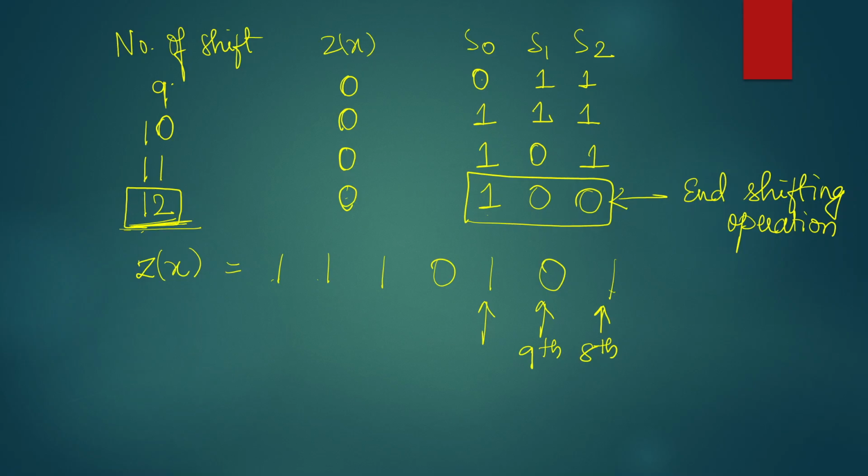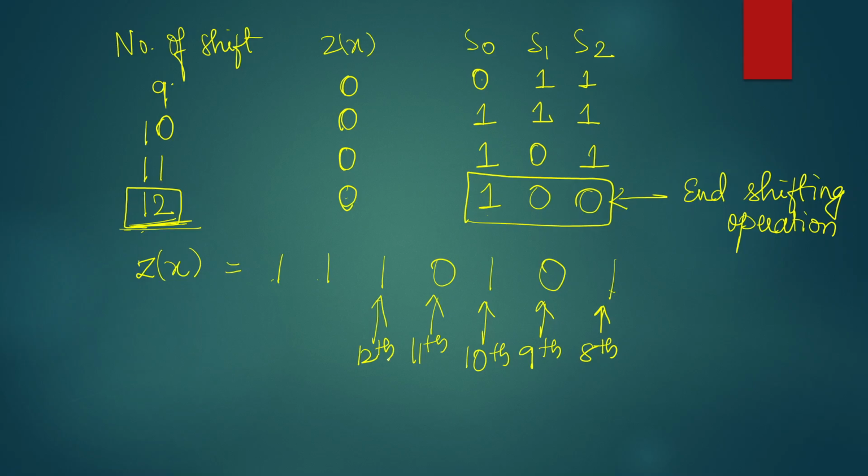We do the process of division until the syndrome pattern becomes equal to 100, and we record how many shifts are required to obtain that pattern, and we map that number of shifts to the bits in the received vector. Observe over here, once all the 7 bits are over, the 8th bit is the extreme right, 9th, this is the 10th, 11th, and this is where the 12th bit is.